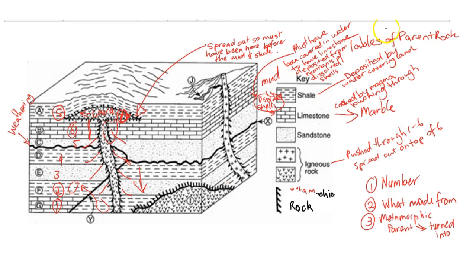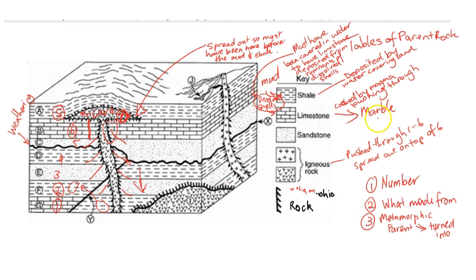So to get you started, you need to go in an order. First of all, number your layers from the oldest to the youngest as best you can. Then for each layer, I want you to list or annotate what they were made from, and then put some notes on what must have happened to make them.